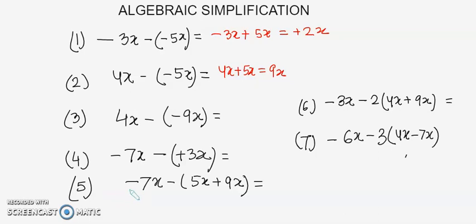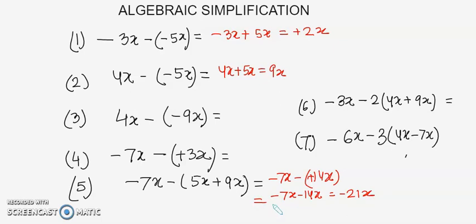Now let us do this question, question 5. Minus 7x minus 5x plus 9x. We will write it as minus 7x minus, and 5x plus 9x is 14x, and now minus 7x plus minus 14x will be minus 21x.